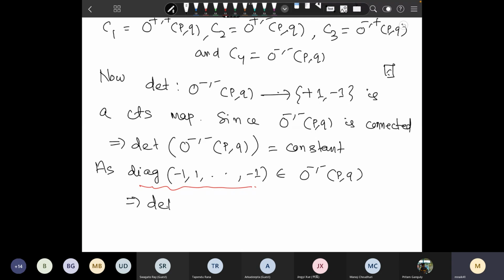So the determinant on O minus minus (P, Q) is equal to the determinant of the diagonal matrix of minus 1s, which is 1.